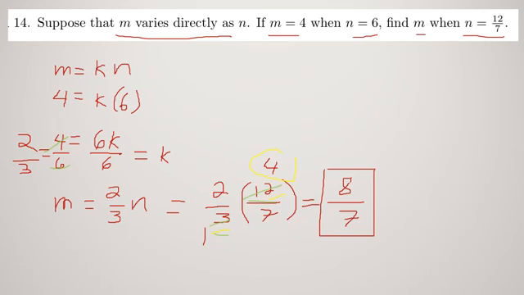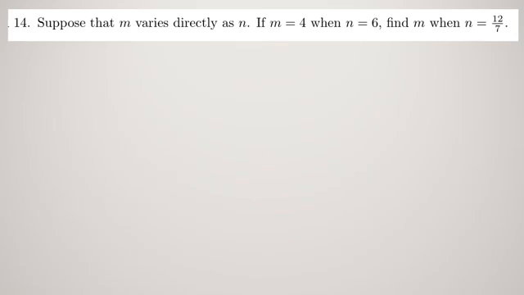There's another way, using proportion. Okay, another way is to use ratio and proportion. So, ang ratio ni m at saka n constant. So, 4 over 6.